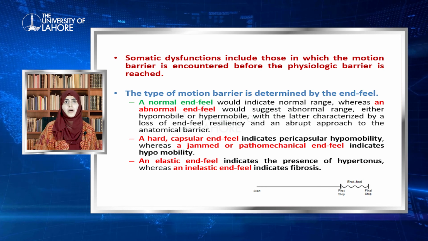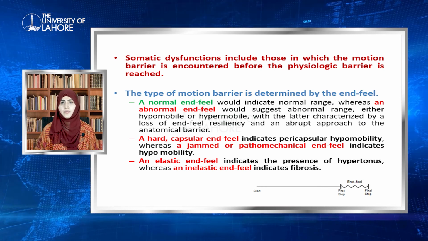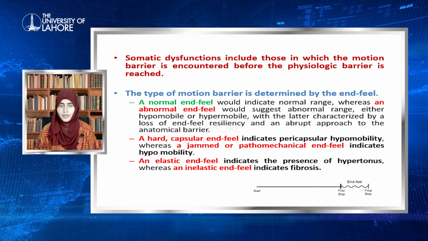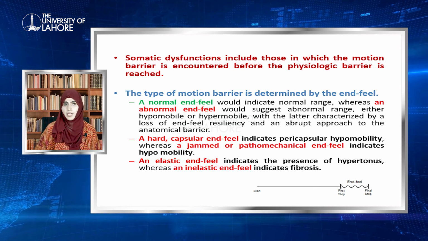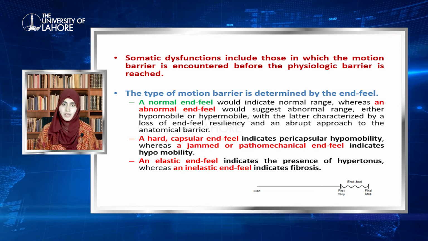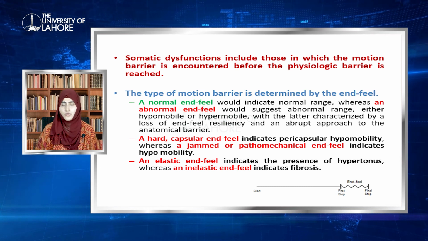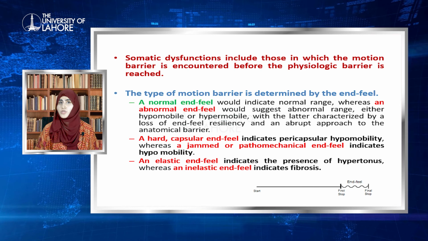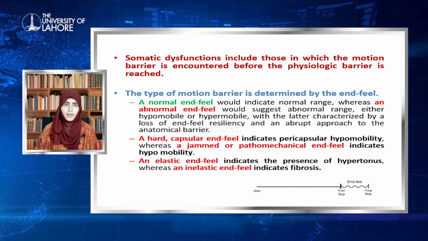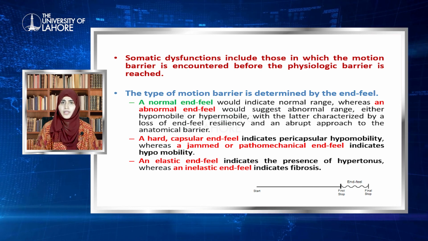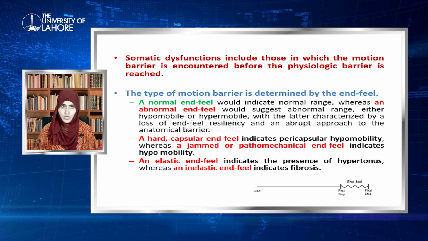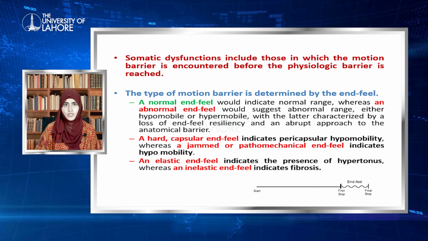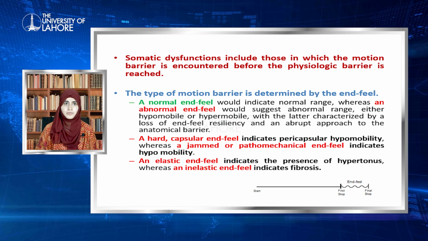When we talk about abnormal end-feels or abnormal barriers, they tend to move the muscle into a limited movement position. The type of motion barrier is determined by end-feel. Normal end-feel is the normal range of motion, both physiological and anatomical.